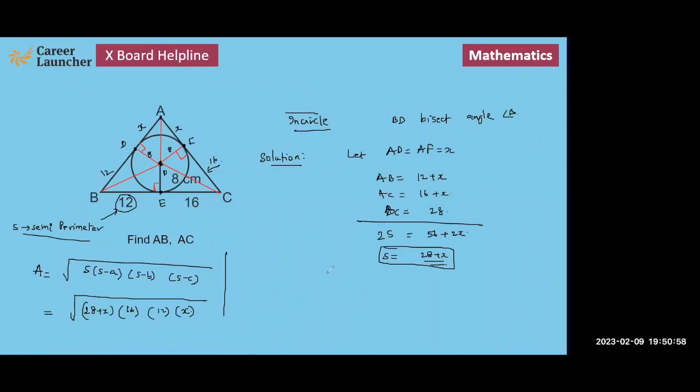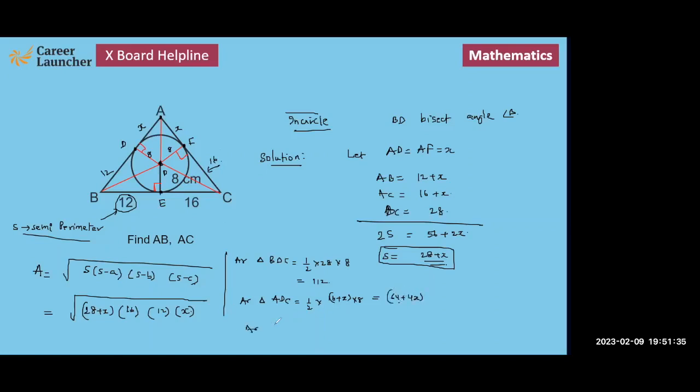What is the area from the other side? I can take the area as area of triangle BDC, which is equal to half of 28 into 8. That is equal to 112. Area of triangle ADC, half of 16 plus x into 8, so this will become 64 plus 4x.